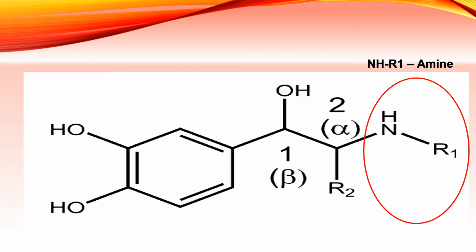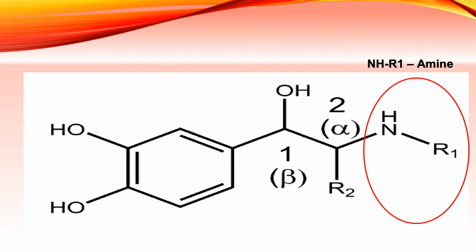The next substitution we can do in our R1 is to attach an aryl alkyl group. An aryl alkyl group is a combination of a straight chain and a cyclic or aromatic group, and if it ranges from 2 to 11 carbons, it will produce, of course, beta selectivity.